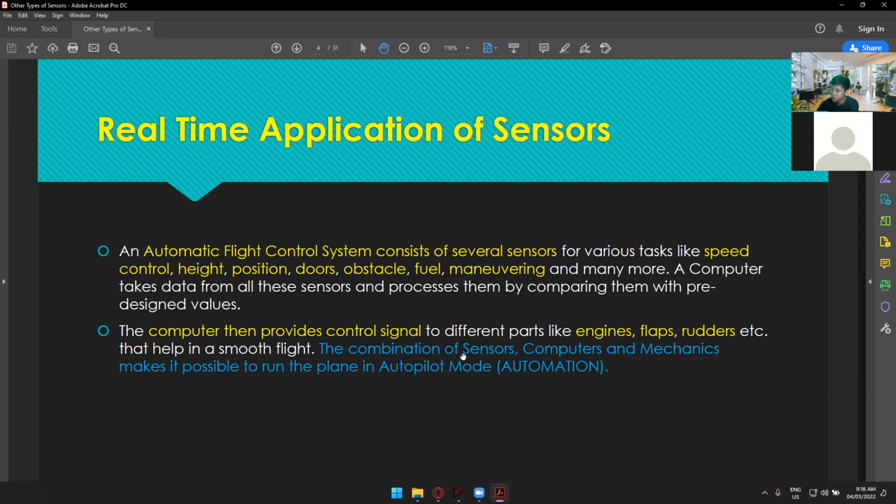The combination of sensors, computers, and mechanics makes it possible to run the plane in autopilot mode, the technology that is so-called automation. Let's just say that the sensor is one of the major factors to make this automation work.